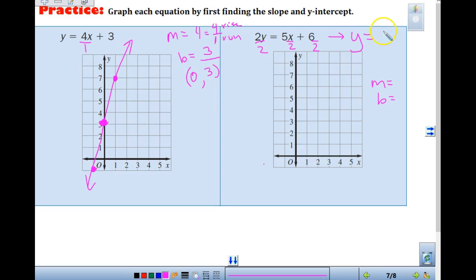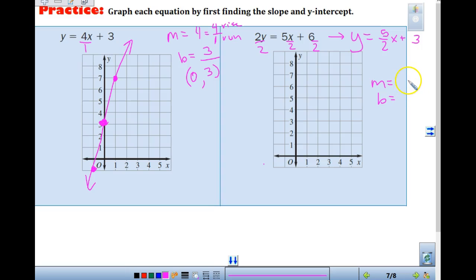Maddie? You divided everything by 2. What's our first one going to be? Y equals 5 over 2x plus what? How much? Plus 3. So from that, what do I know, Ava, is my slope? 2.5.